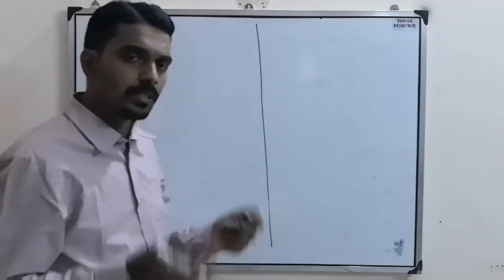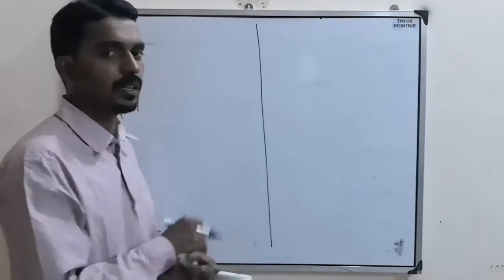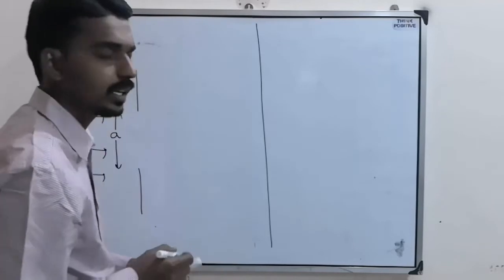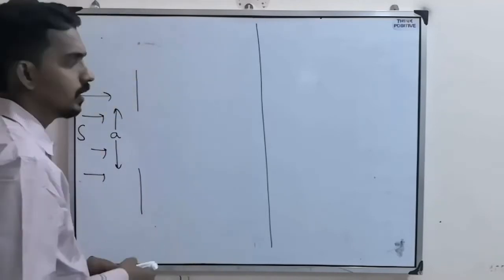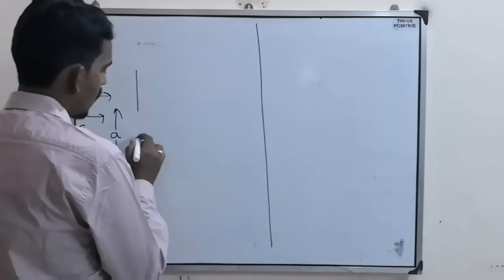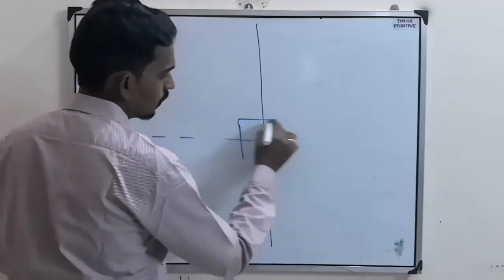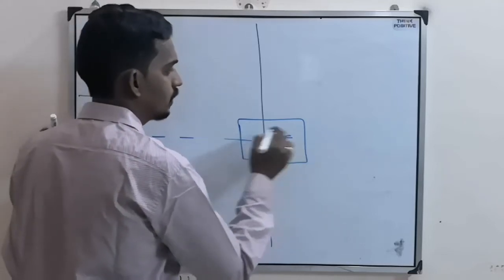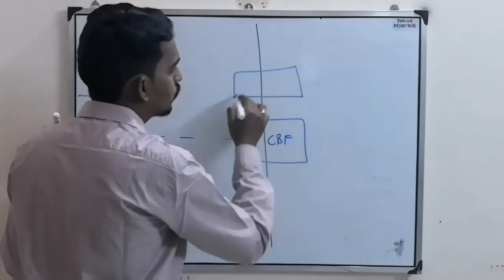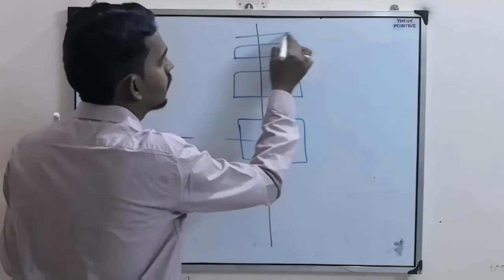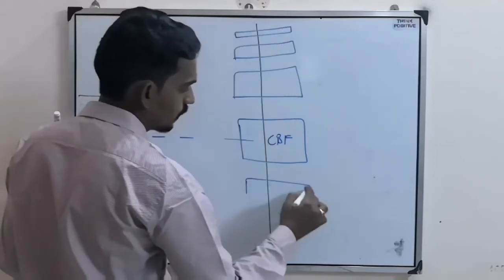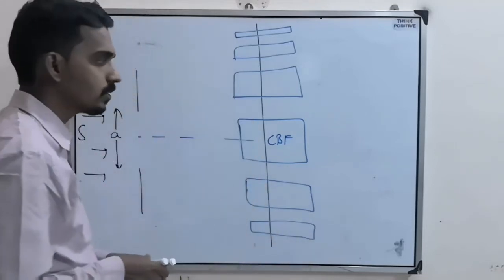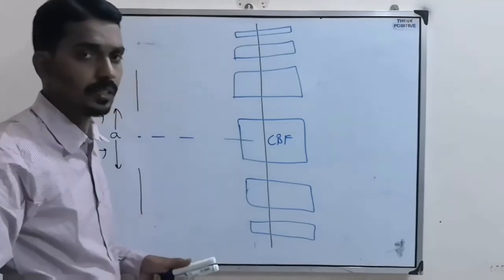So in Young's double slit experiment, if you close one of the slits, then what pattern will you see on the screen? That is diffraction. Opposite to the central one, we will see one bright white fringe, the central bright fringe, and you will get alternate bright and dark fringes with decreasing intensity as well as decreasing width.